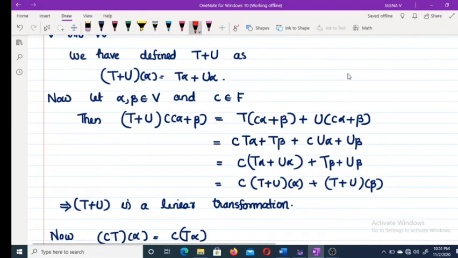(T plus U) of alpha is equal to T alpha plus U alpha. Now we have to prove that T plus U is a linear transformation.